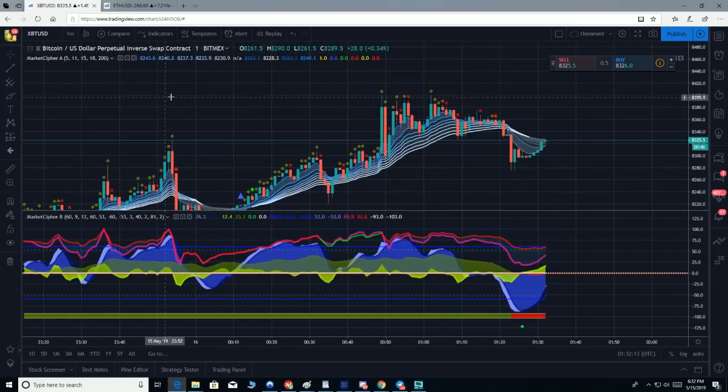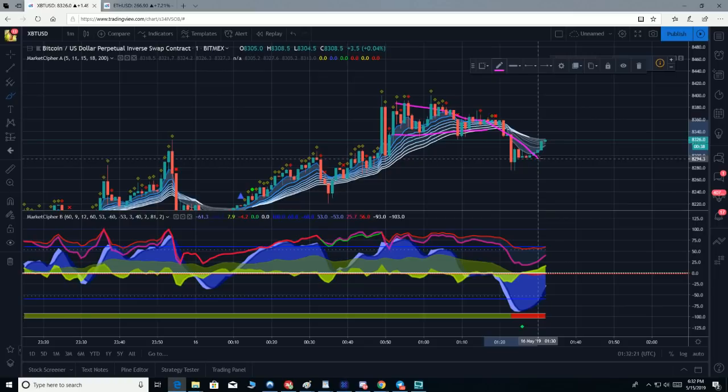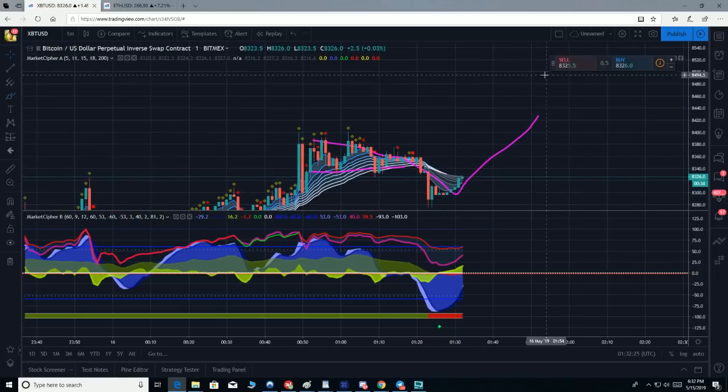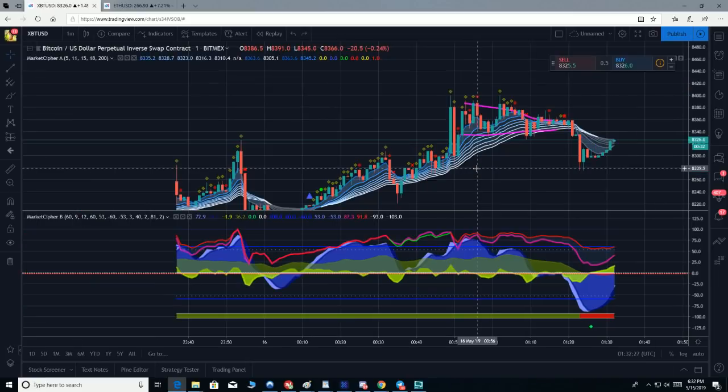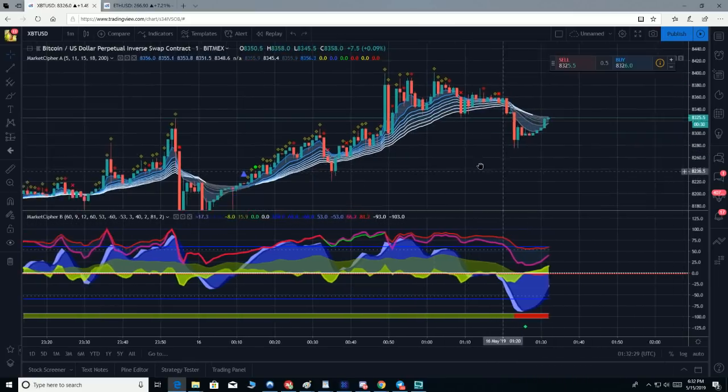This little cluster, this is a pattern that it's been repeating for the past few days. After it pumps, it kind of clusters, then it goes down, then pop, it comes back up past where it was before. Pattern recognition, folks, it's right in front of you.